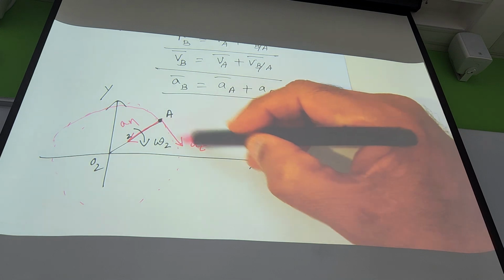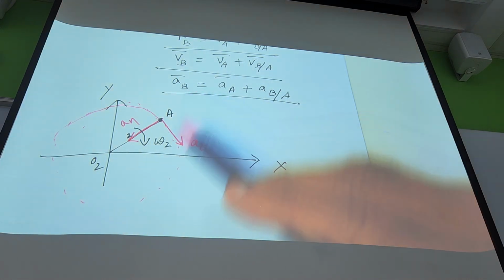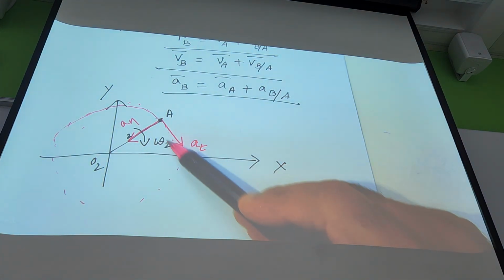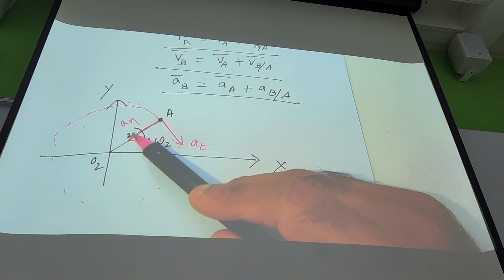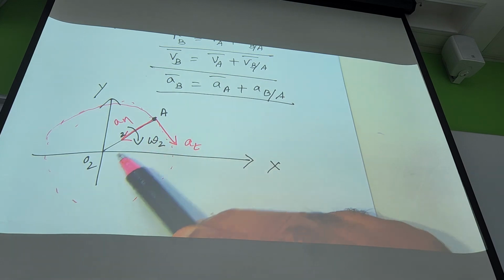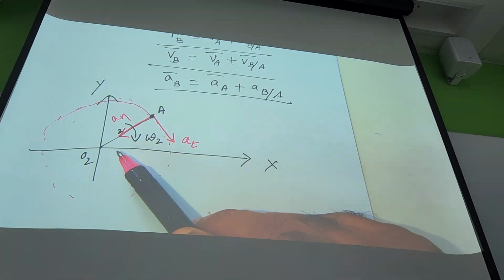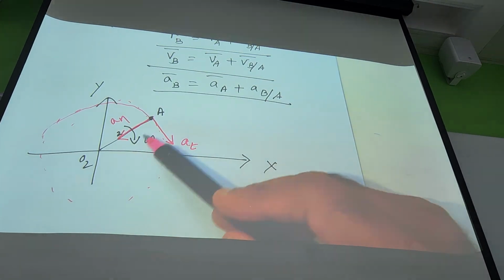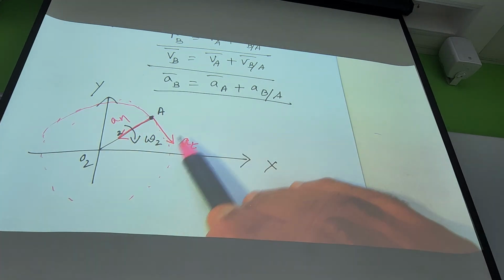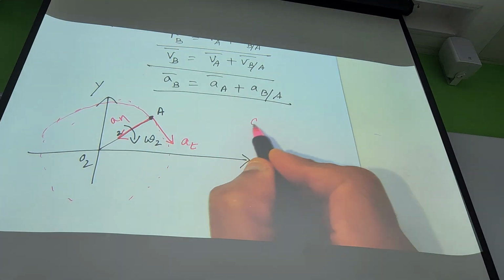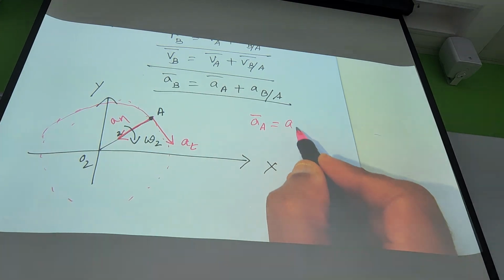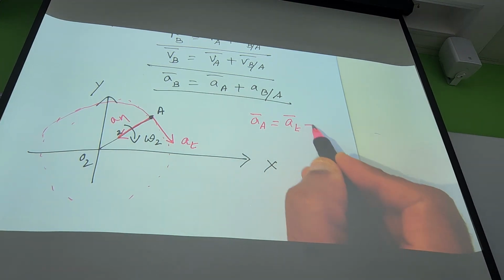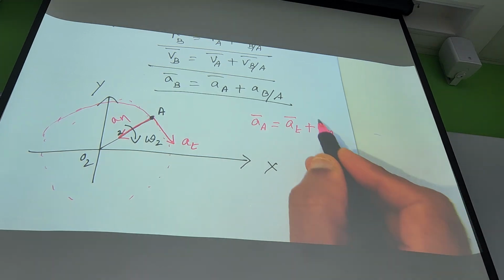One component is the tangential acceleration, which is perpendicular to the link, 90 degrees to the link. The other component of acceleration is perpendicular to this, that is the normal acceleration, in the direction of the link. So here you can write acceleration of A in vector notation: the tangential acceleration plus the normal acceleration.